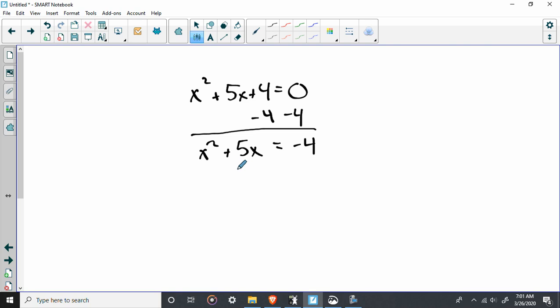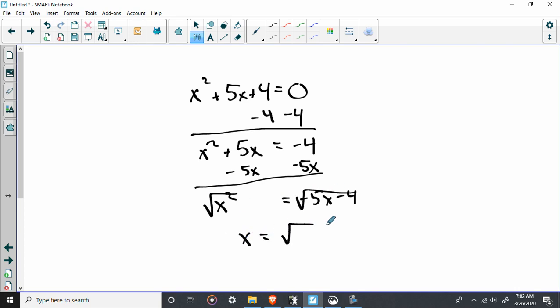Then I'll subtract 5x, so x squared is equal to negative 5x minus 4, and a lot of you say, oh, the opposite of the square is the square root, and you're going to get x is equal to the square root of negative 5x minus 4.